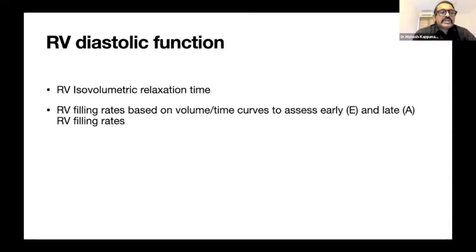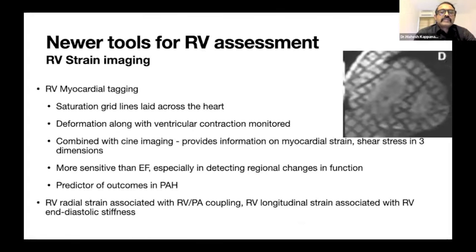Recently, there has also been interest in the assessment of RV diastolic function by cardiac MRI, including the assessment of the RV isovolumetric relaxation times and the RV filling rates, both the early and the late filling rates. There are newer tools in the assessment of the right ventricle, including RV strain imaging, which is a family of sequences which involves setting saturation grid lines across the heart and studying the deformation along with the ventricular contraction.